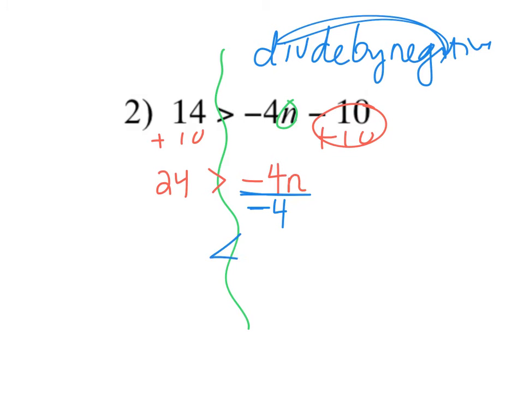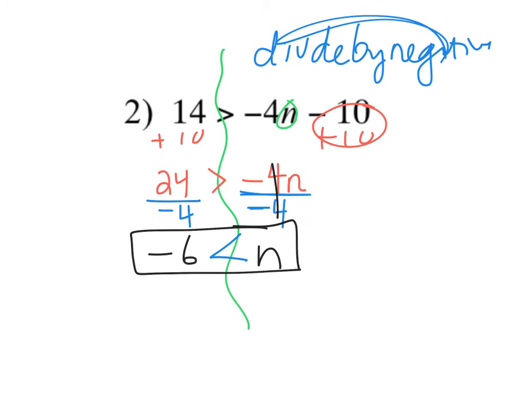You have to flip the sign whenever you divide by a negative. Okay? So now that's done. This turns into a 1n. And 24 divided by -4 is going to be -6. And now that would be my final answer.